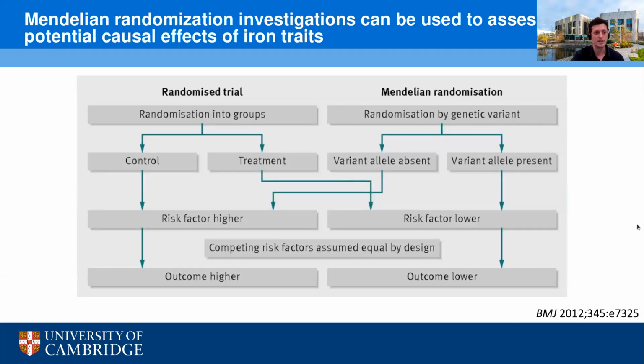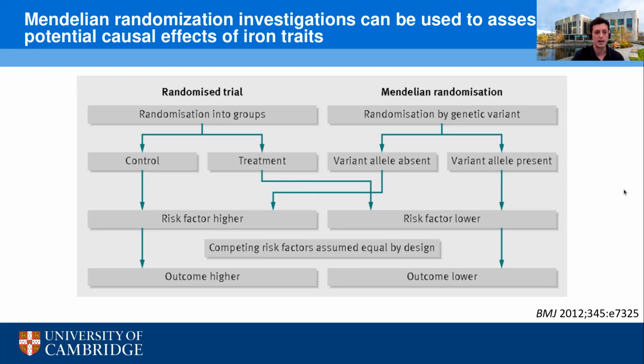One way to do this is by conducting a Mendelian randomization investigation. Mendelian randomization is conceptually similar to a randomized trial. It's different because Mendelian randomization is fundamentally observational in nature, so we don't really randomize people to have a higher or lower polygenic score.